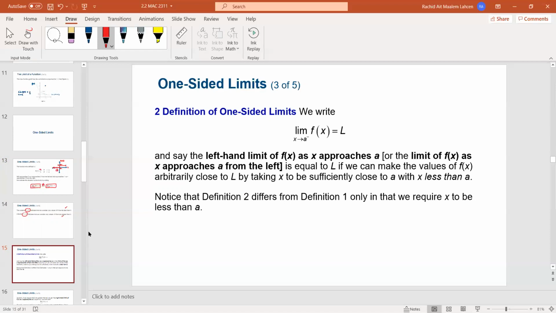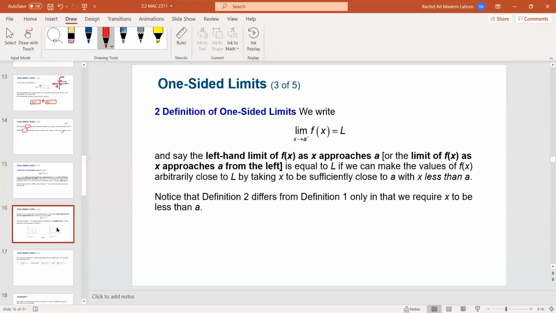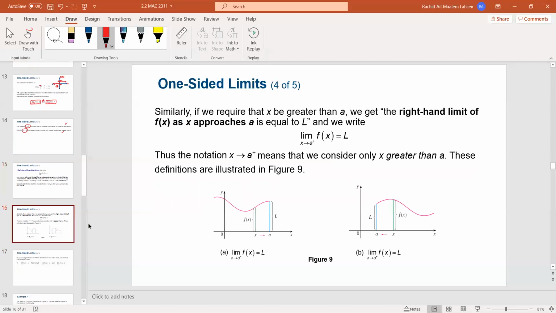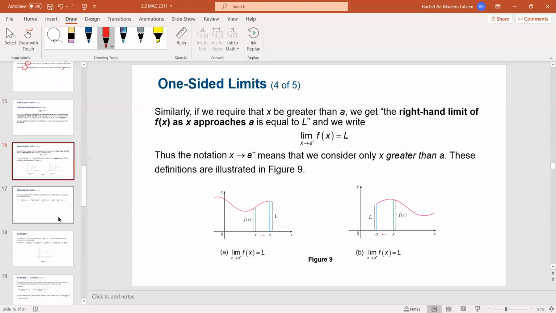All right, that's not a big deal there. And you have, of course, different graphs here, you can pause and see, one approaching from the left and one approaching from the right, just like we did in the example.